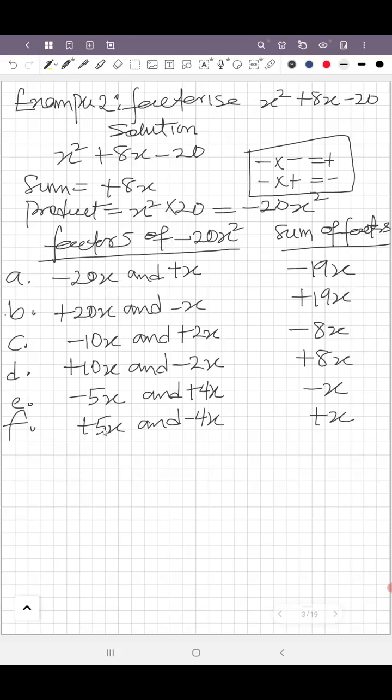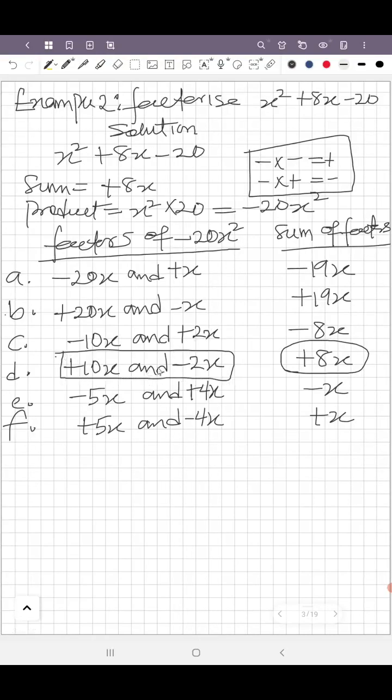So therefore, what are we now to pick? We need plus 8x and minus 20x², and what gives us that? The pair plus 10x and minus 2x gives us that, because we need plus 8. These are the two factors that brought the plus 8.